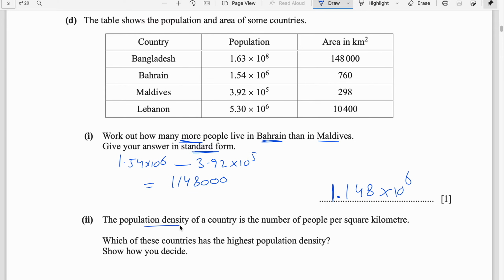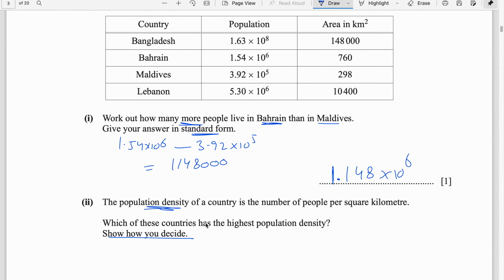Second part says the population density of a country is the number of people per square kilometer. Which of these countries has the highest population density? Show how you decide. So this is basically population divided by area. So population is 1.63 times 10 raised to power 8 divided by 148,000.